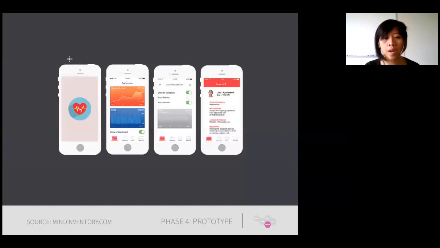Are they intuitive? So for the UI phase here, you're really looking at whether users want this style, certain fonts on the page, and the location of buttons and things like that. So you really want to lay things out and get the users to give you feedback as to whether this makes any sense. So this is more aesthetics.